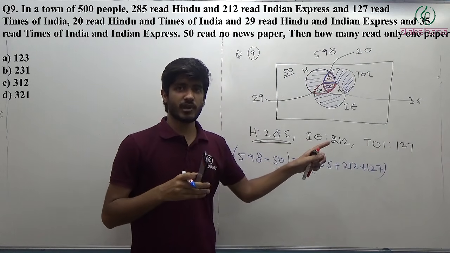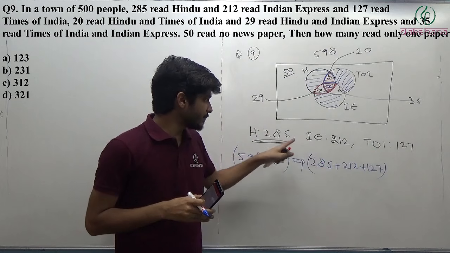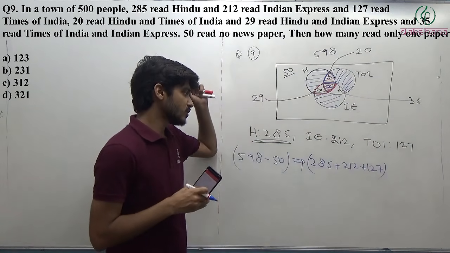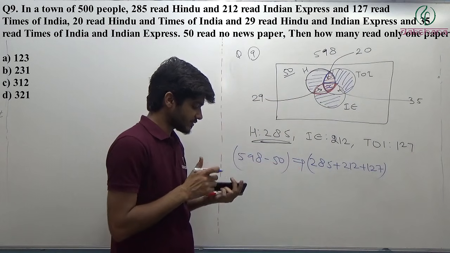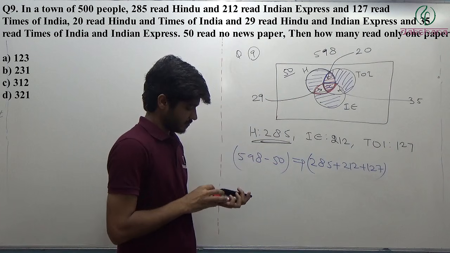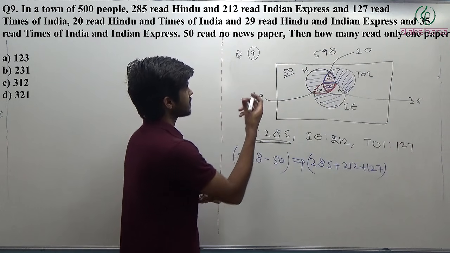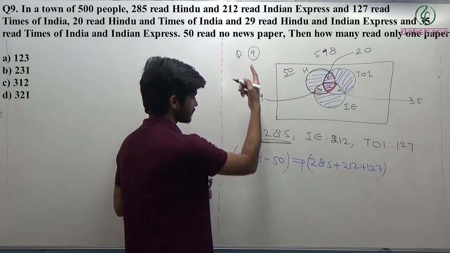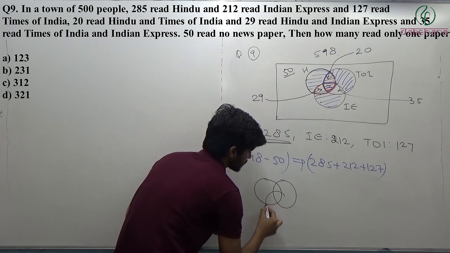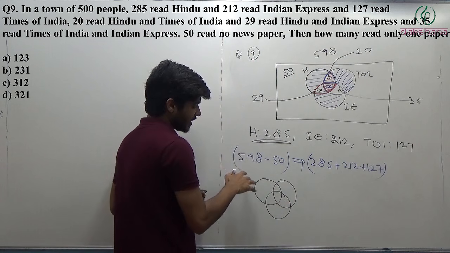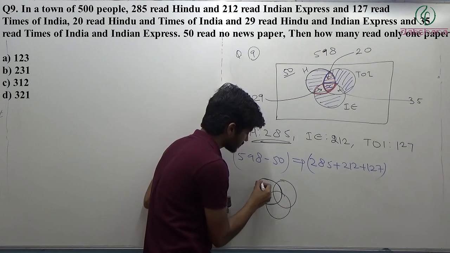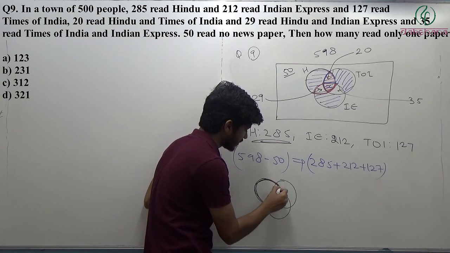Now here you have to be careful, because when you add up the Hindu as well as Indian Express as well as Times of India, let's focus on this one, on our extreme left.